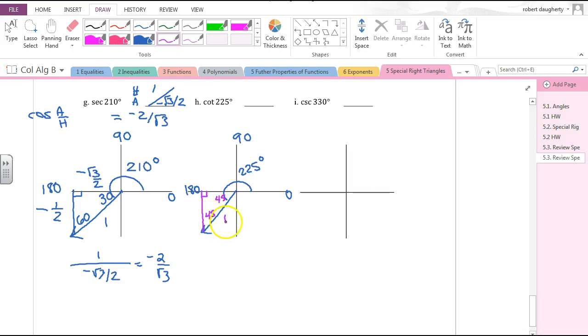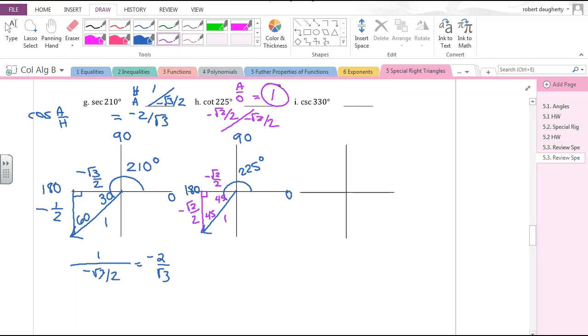And then if I label this triangle, negative square root of 2 over 2 and negative square root of 2 over 2. So to find the cotangent is adjacent over opposite. So that is negative square root of 2 over 2 divided by negative square root of 2 over 2. That is 1.